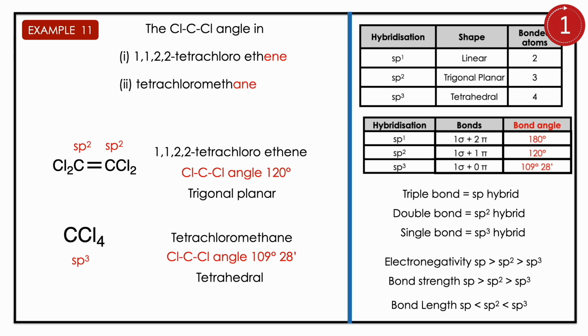Compound A is ethene, an alkene, with 4 chlorines at the 1,1,2,2 positions. So the structure will be Cl2C=CCl2, which is double bonded carbon, sp2 hybridization. The bond angle is 120. Then tetrachloromethane has 4 chlorines on carbon, only single bonds, so sp3 hybridization. So the bond angle is the tetrahedral bond angle, 109 degrees 28 minutes. So the bond angle of tetrachloroethene is 120 and tetrachloromethane is 109 degrees.